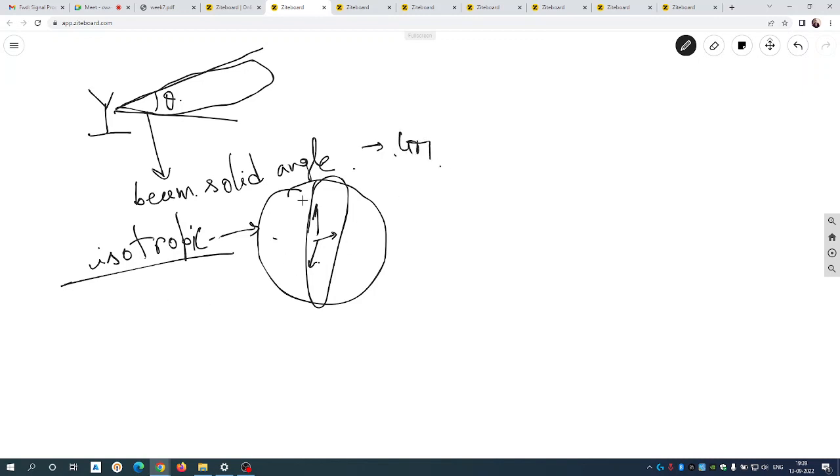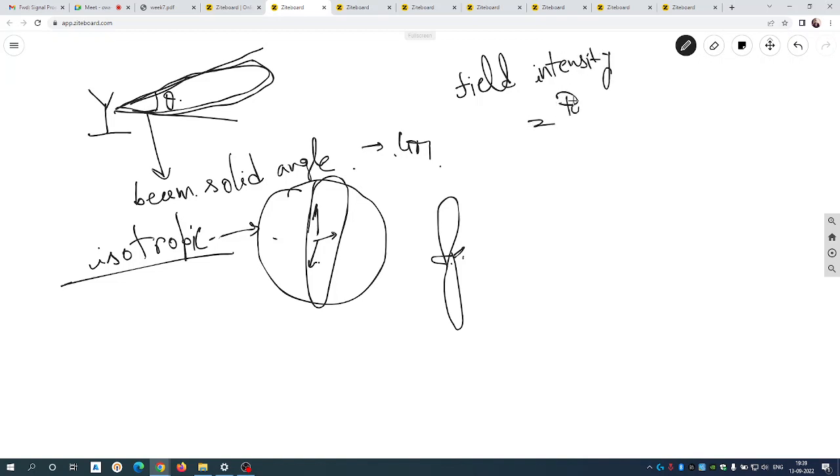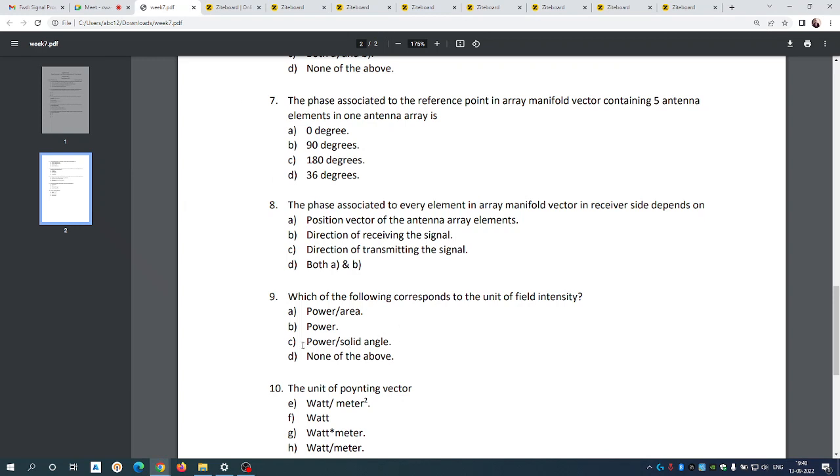If it is not isotropic, we can generate directed beams. Like it becomes like this. So the unit of field intensity is power by solid angle. So the right option is C.